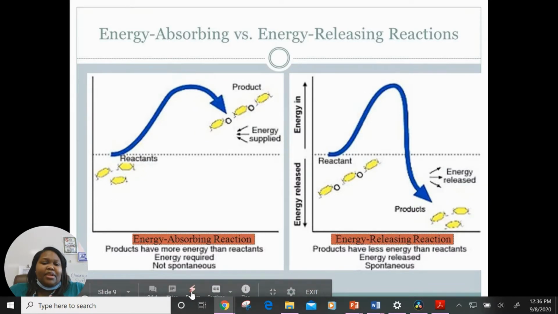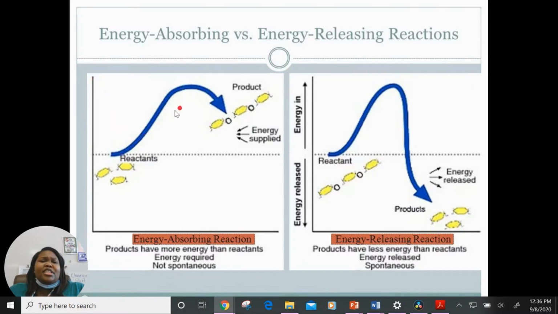On the x-axis, we are talking about time. As time goes on, it's going to move this way. And on the y-axis, we are talking about the amount of energy.